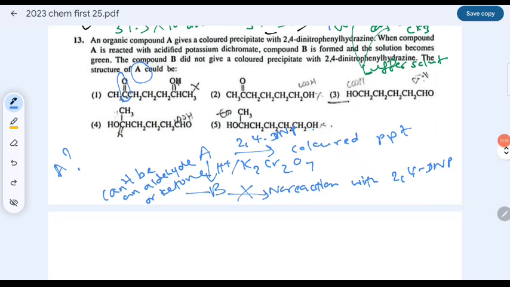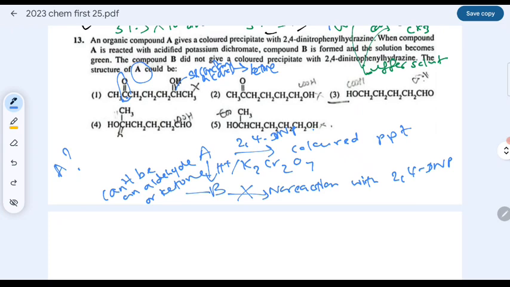Now here this is a secondary alcohol. Then a secondary alcohol can oxidize to form what? A ketone. Right? So that can also form.